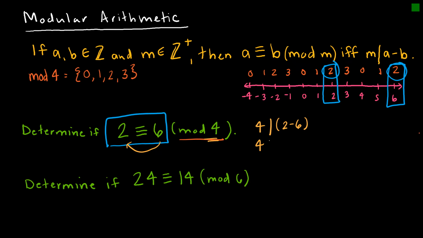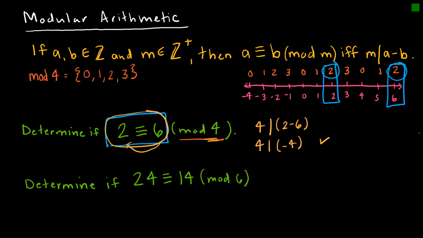So does 4 divide negative 4? And 4 does divide negative 4, and therefore we know that yes, 2 is congruent to 6. We're not saying that 2 is divisible by 4, or that 6 is divisible by 4, but that these two are equivalent because the difference between them is divisible by 4.